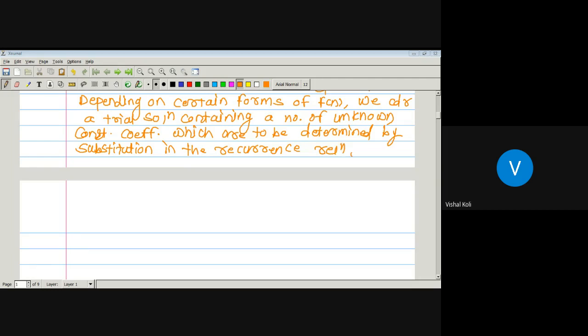And the trial solution to be used in each case is shown in the following tables, where we just have to use some constants a naught, a1, a2, or a.